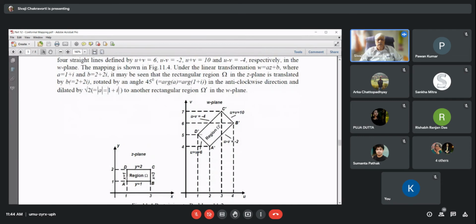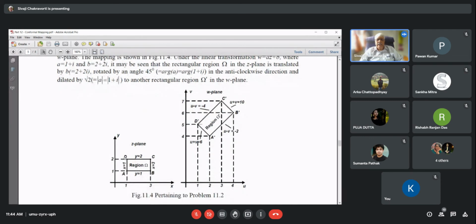So x equal to 1, here AD, is mapped to A prime D prime, where the equation is u plus v equal to 6. Similarly, AB, which is y equal to 1, is mapped to A prime B prime, which is u minus v equal to minus 2. So in this way, the rectangle shown here is mapped to a rectangle on the W plane, but first of all, the area has been changed because there is a multiplication by the modulus of f'(z).